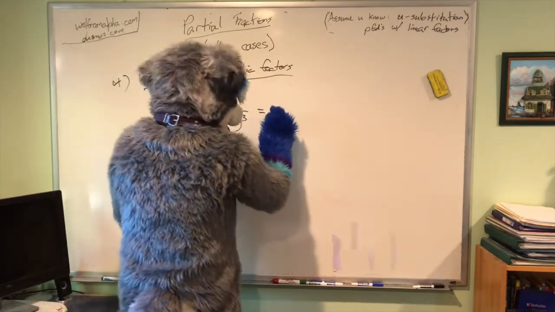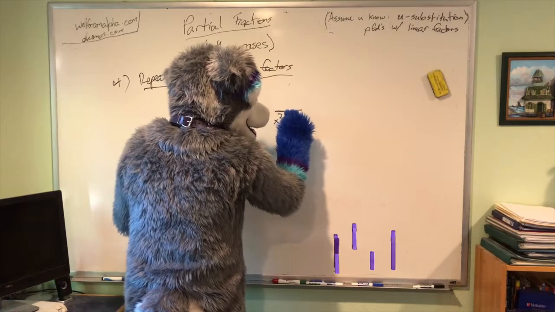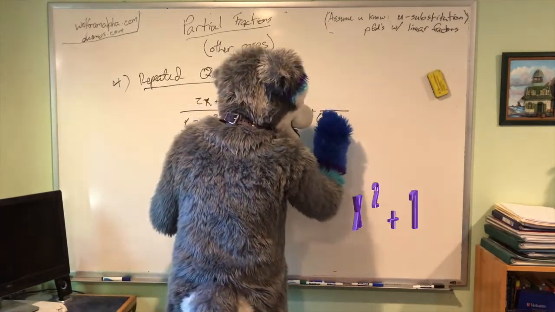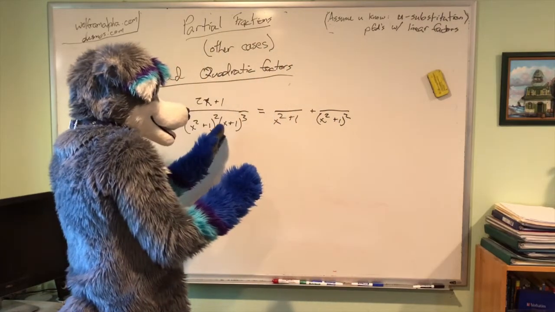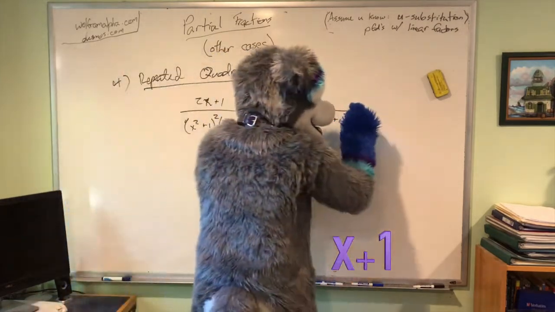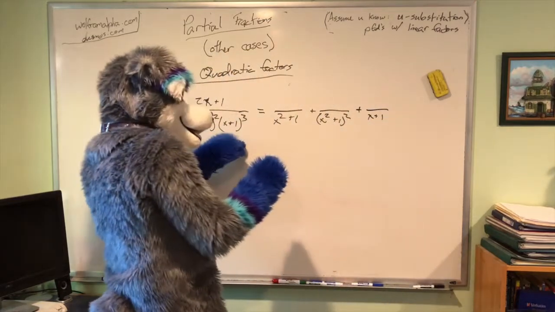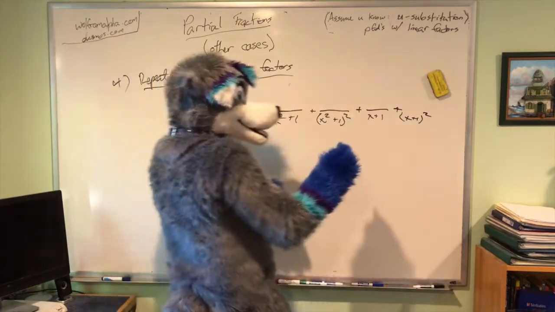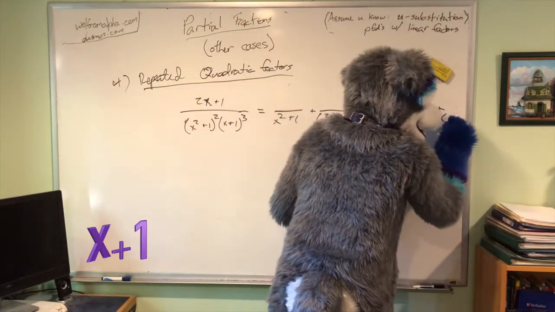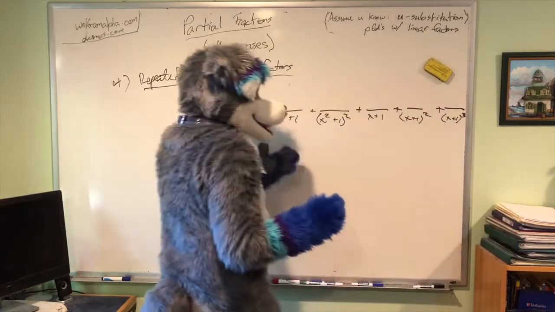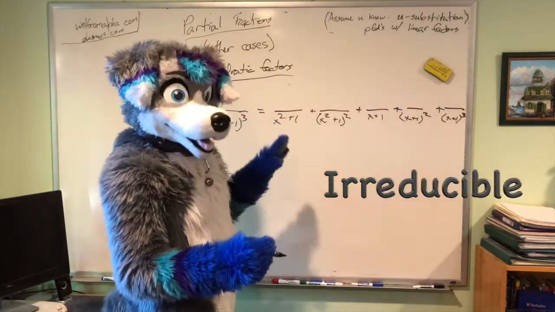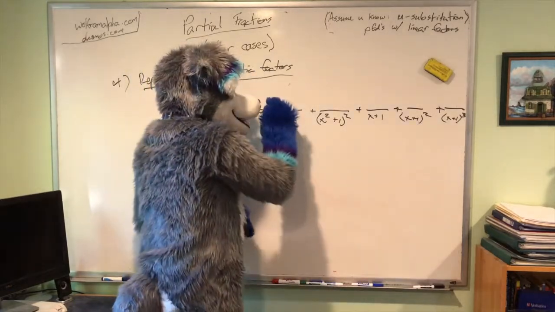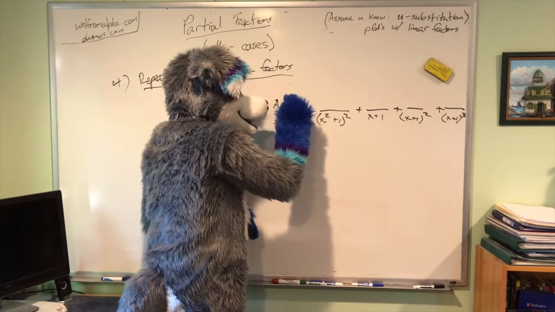So you need an x squared plus 1, and you need another x squared plus 1, then you'll need an x plus 1, then another x plus 1, and then one more x plus 1. Okay, and then here's an irreducible quadratic, that is, it can't be factored, degree 2. So we've got to put ax plus b.